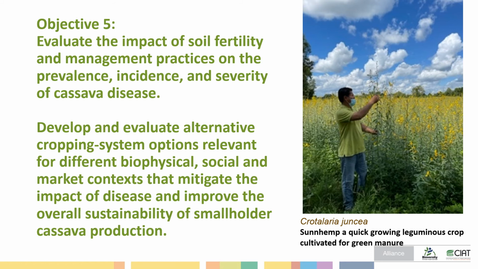For that, we also need to know the soil fertility status where the multiplication is going on, and whether there is any relationship between the soil fertility status and the disease prevalence. So for that, we have developed another objective to implement, and that is to evaluate the impact of soil fertility and management practices on the prevalence, incidence and severity of the cassava diseases.